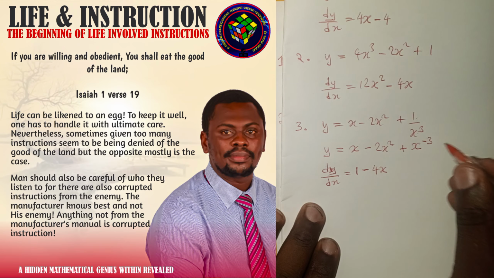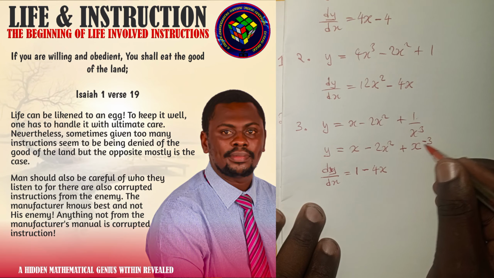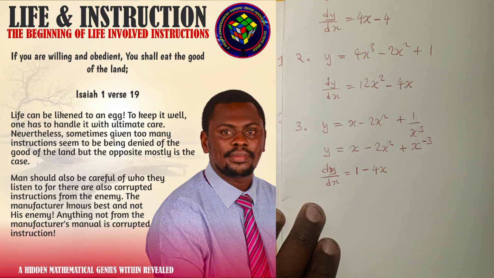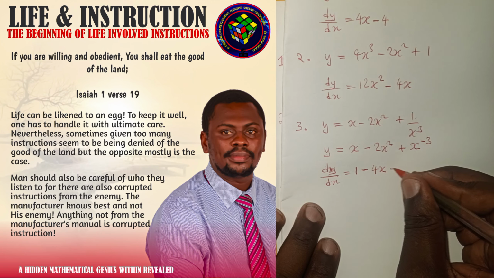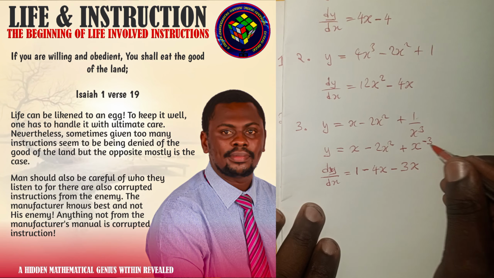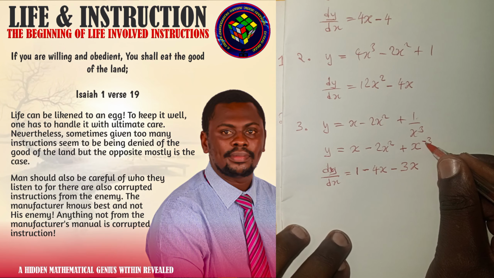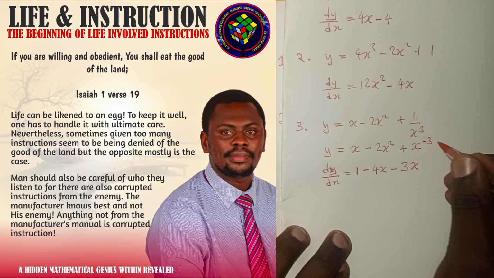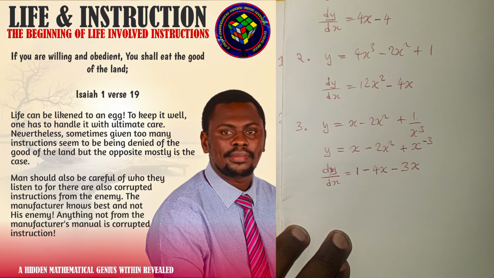Then plus, this is negative 3. Negative 3 multiplied by 1 there, you get negative 3. So we're going to have minus 3. Then x to the power negative 3. Negative 3 minus 1, you have same signs, and same signs we add and maintain the sign.